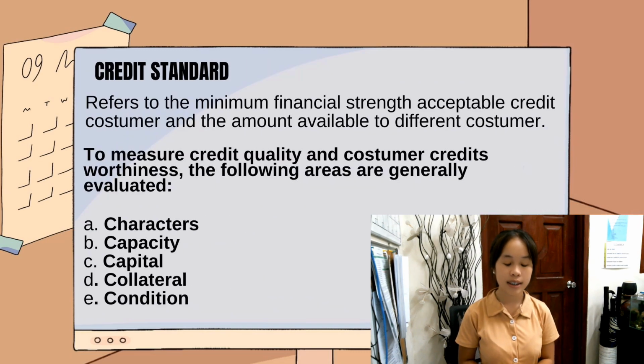So, first we discuss the credit standard. Credit standard refers to the minimum financial strength of acceptable credit consumers and the amount of credit available to different customers. Credit policy can have a significant influence upon sales. If credit policy is relaxed, while sales may increase, the quality of account receivable may suffer. This may result in a longer average collection period.